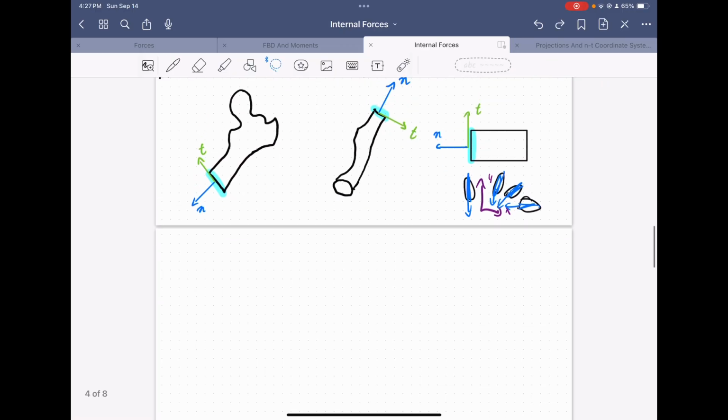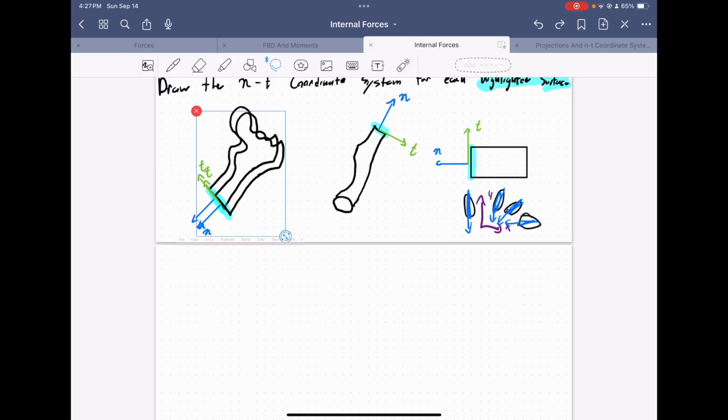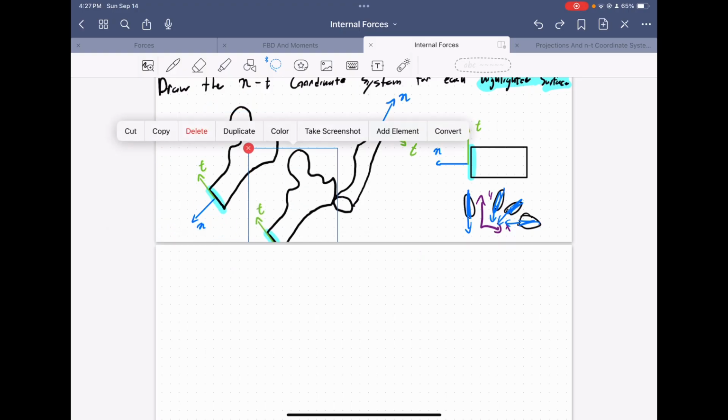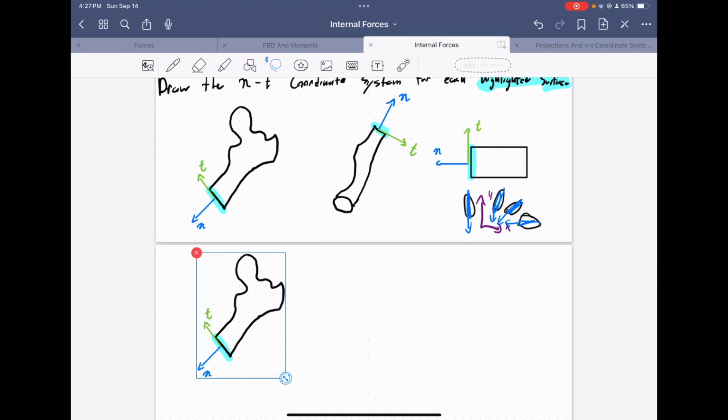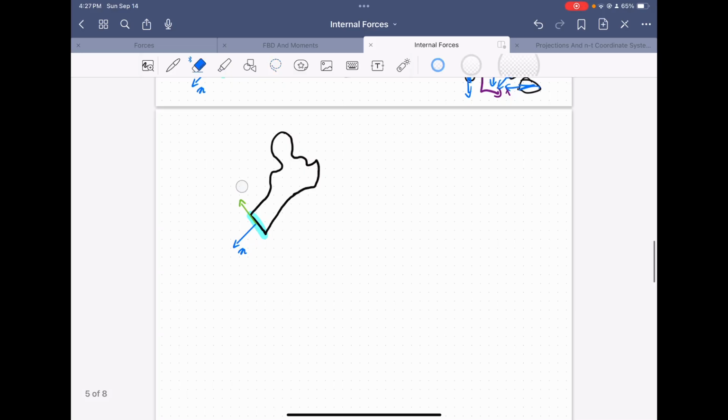So let's say in this example, we don't want this surface, we want an angled surface, right? We cut the bone this way, and we can have a straight line there. We want to look at the stress that compresses it one way. How do we draw our NT coordinate system?